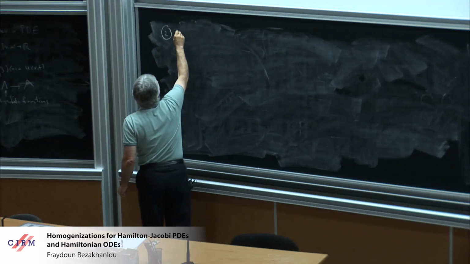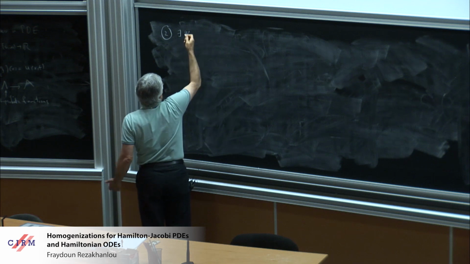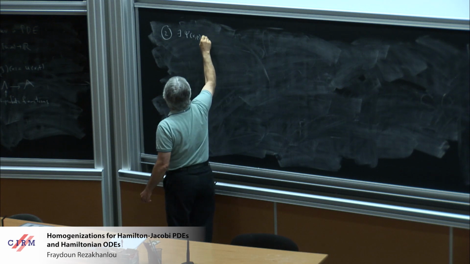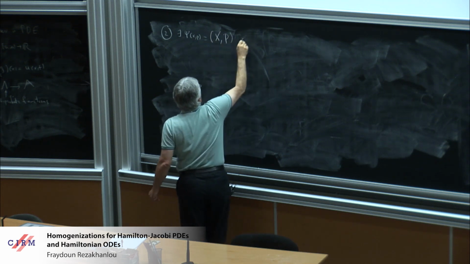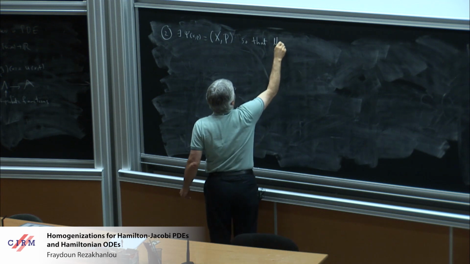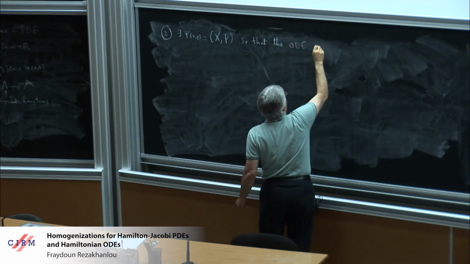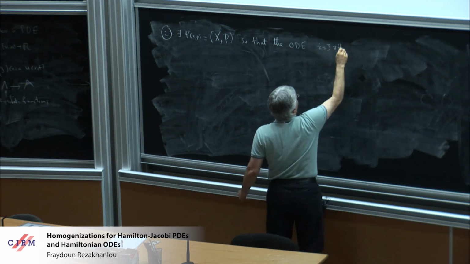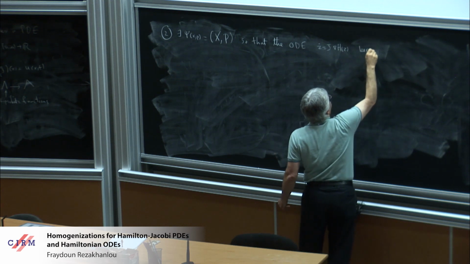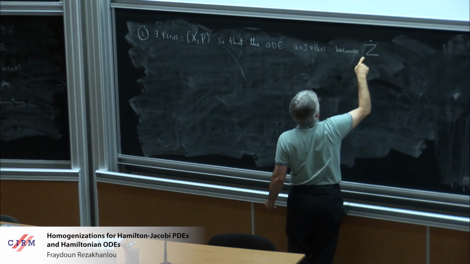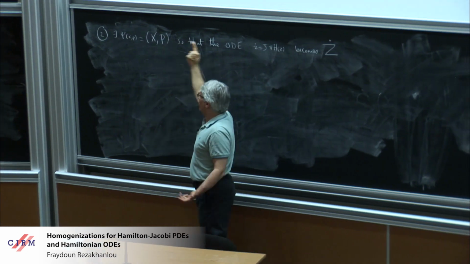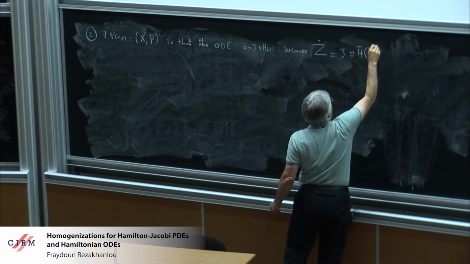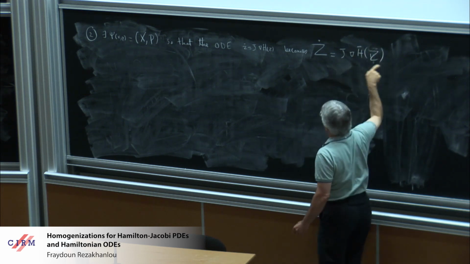So the question is, is there a change of coordinates, call it psi, which maps lowercase variables x and p to uppercase variables X and P so that the ODE z dot equals J gradient H of z becomes, maybe I use uppercase also here, so uppercase Z means uppercase X and uppercase P, for which this is much easier to solve.